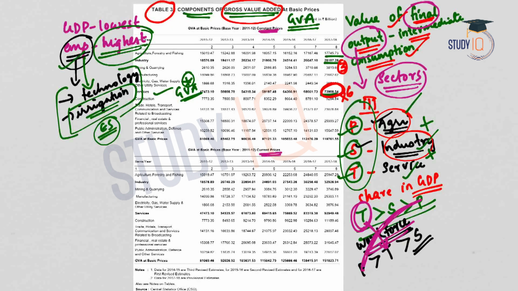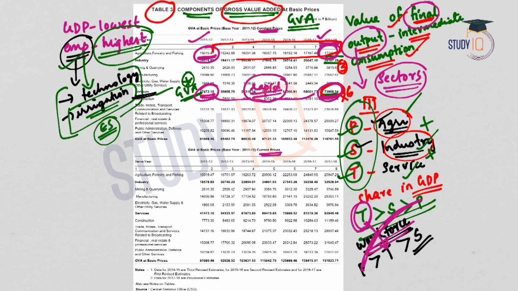And regarding the services sector, if we observe from 2011-12 to 2017-18, we will see that there was rapid growth. The pace of growth was very high. It has almost doubled over these years. But if you look at the agricultural sector, we will see that there is not much difference from 2011-12 to 2017-18. So the GVA in the agricultural sector remains almost the same over all these years.